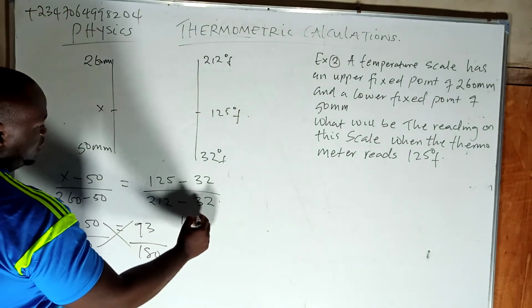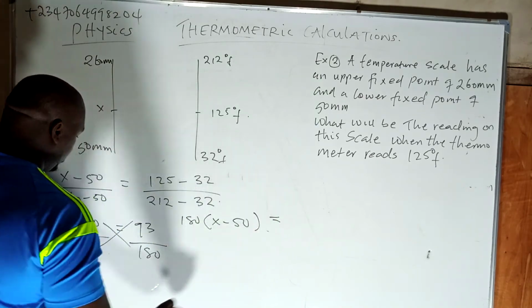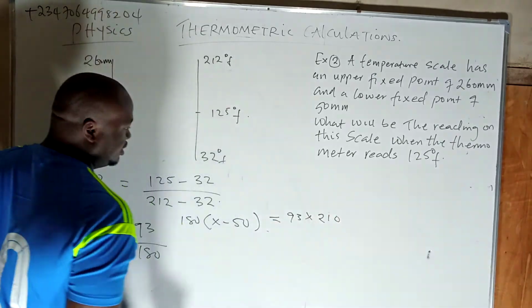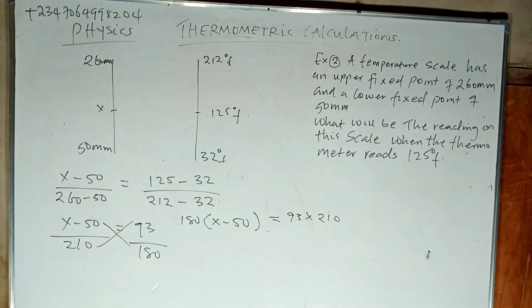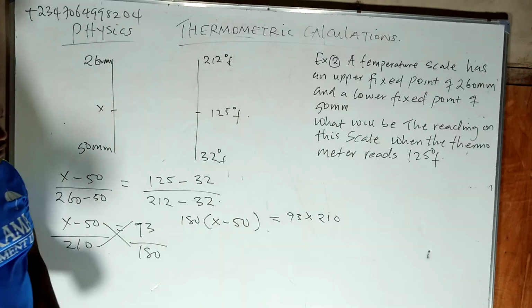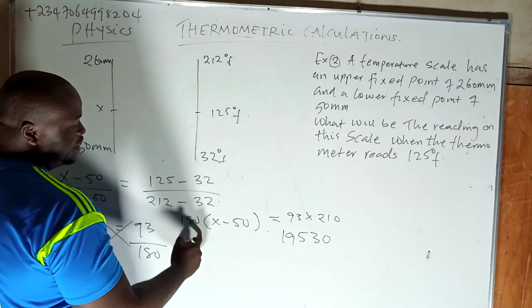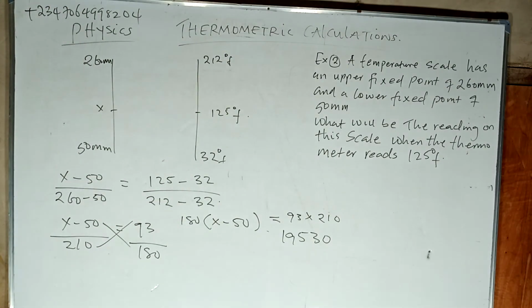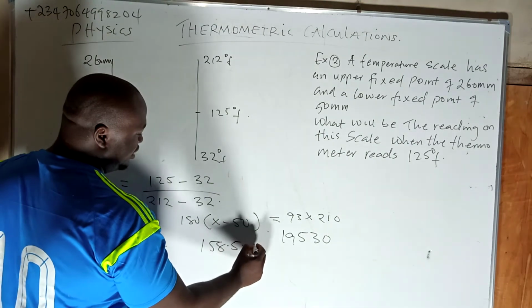This will give you 180 into X minus 50 is equal to 93 times 210. If you punch 93 times 210, what you will get is 19530. Now, I will divide it by 180 and add 50. Your answer is 158.5 millimeter.